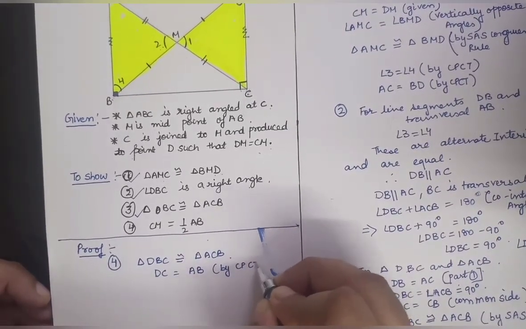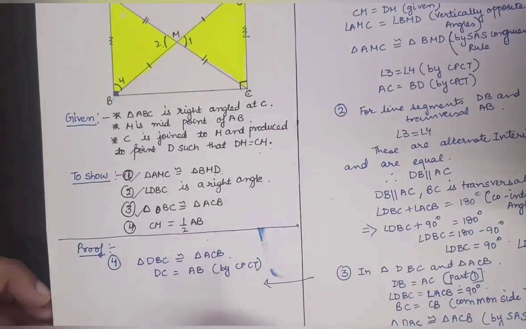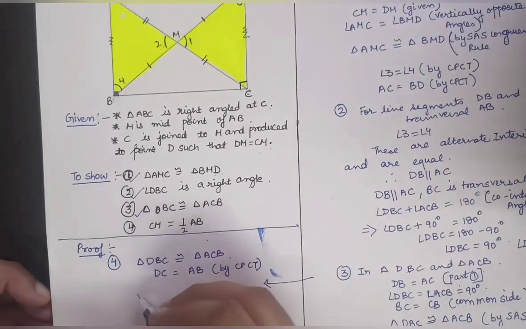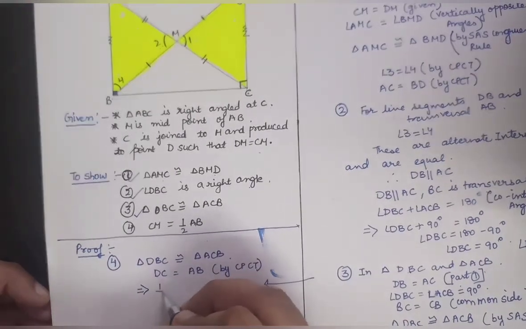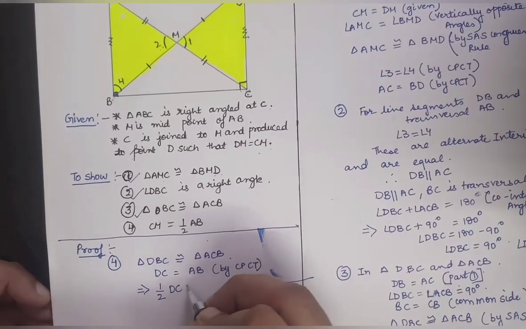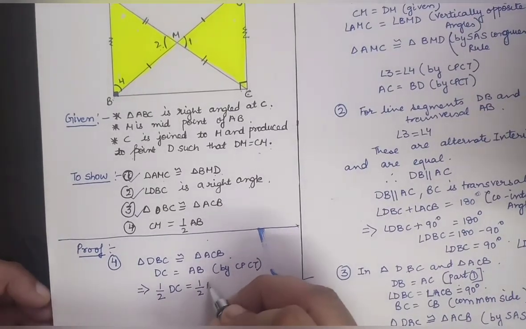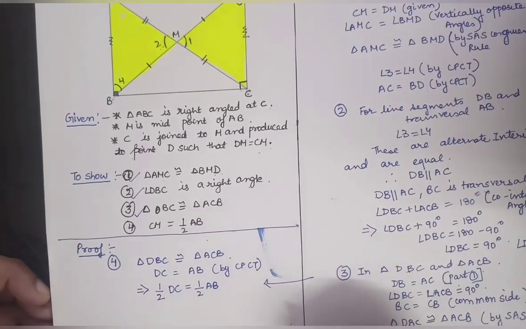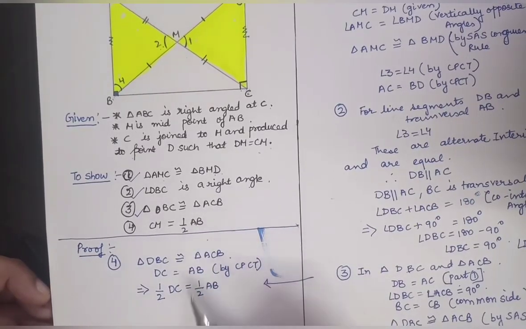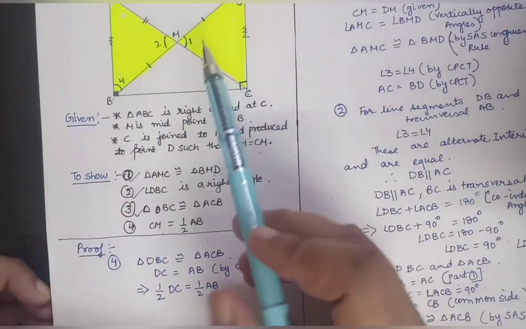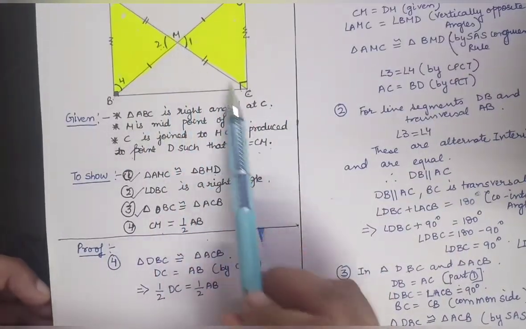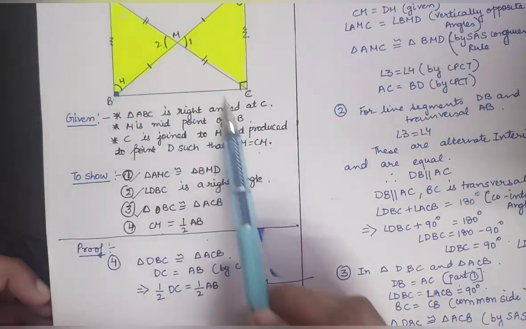And when I see the question, in the fourth part it is written half AB. So I multiply both the sides by half. I have half DC is equal to half AB. So in this part I can see half AB is there, but instead of half DC I want CM. So children, you can clearly see that CM is nothing but it is half of DC.